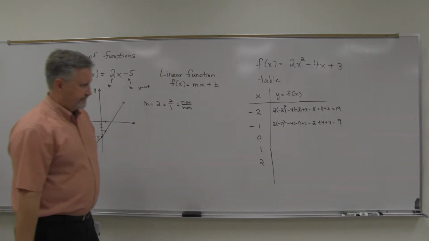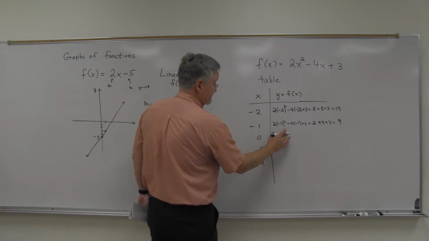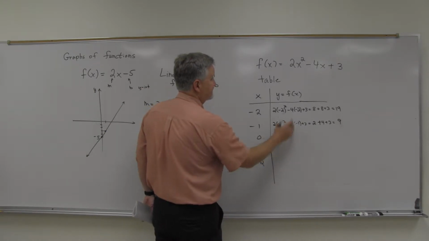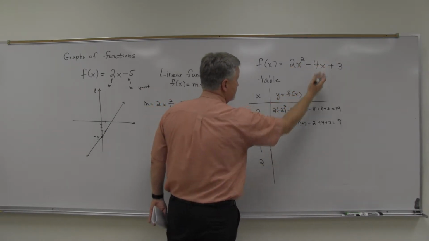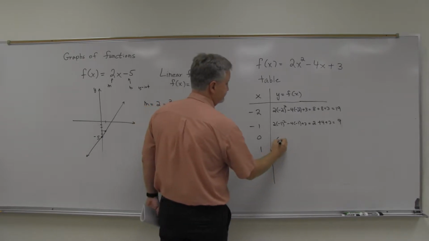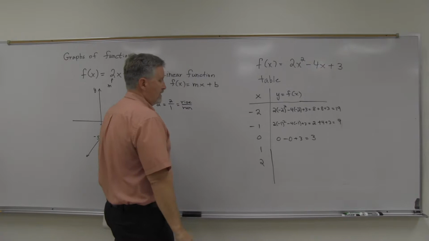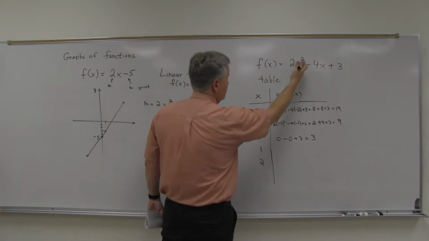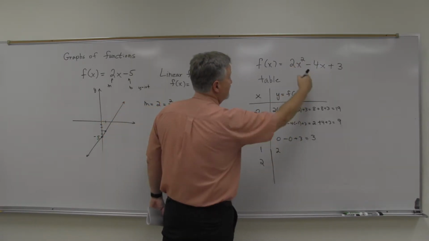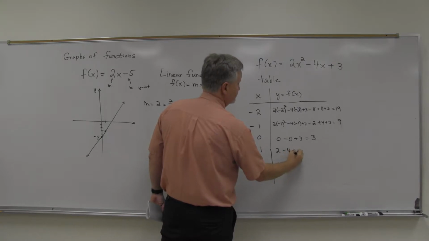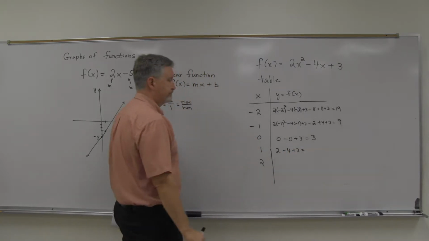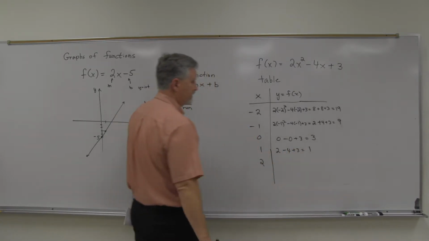Then the positive ones get easier. 0 gets easier. If you plug in 0, those terms are both 0, 3 left, so you get 3. Then x is 1: 2 times 1 minus 4 times 1 plus 3, so you get 1.